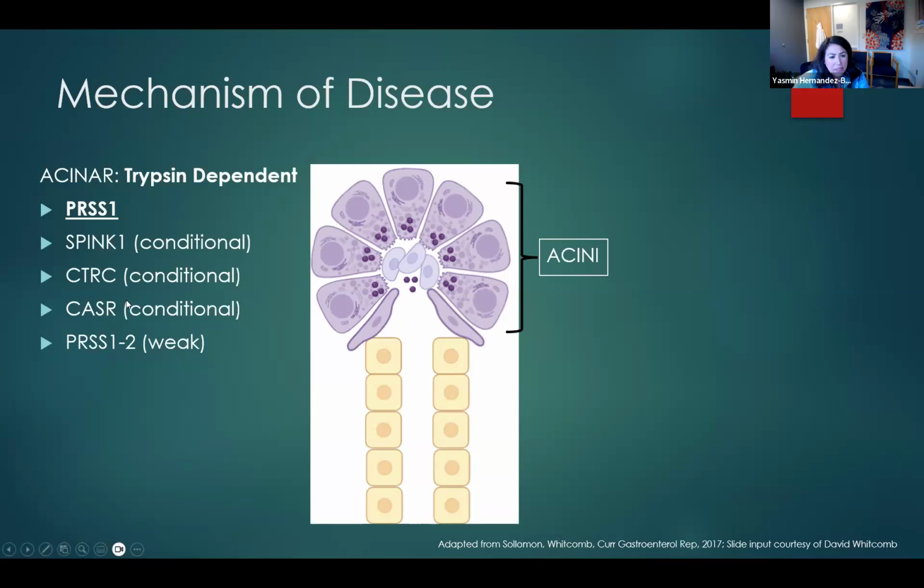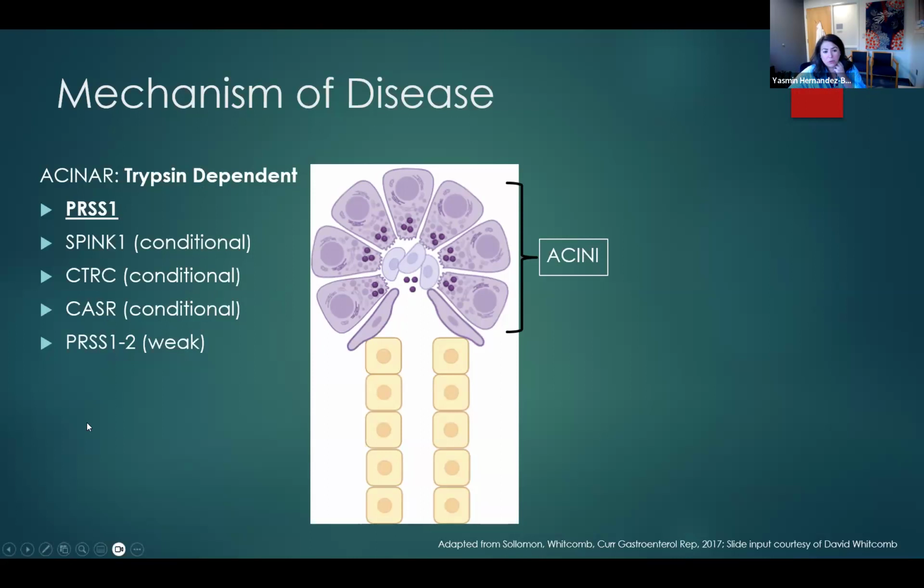As you can see here, there are three major genetic pathways that are involved in genetic pancreatitis. The first is the trypsin-dependent pathway, of which PRSS1 is the most well-known, and this acts by either preventing trypsinogen degradation by CTRC, or increasing the activation of trypsinogen to trypsin.